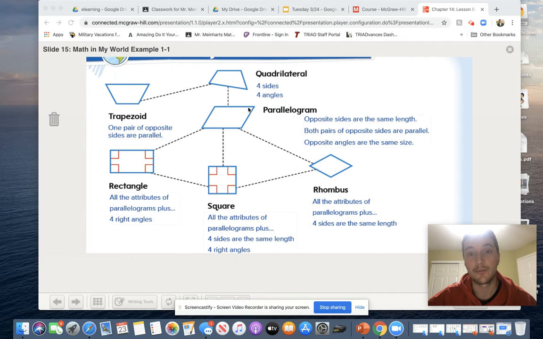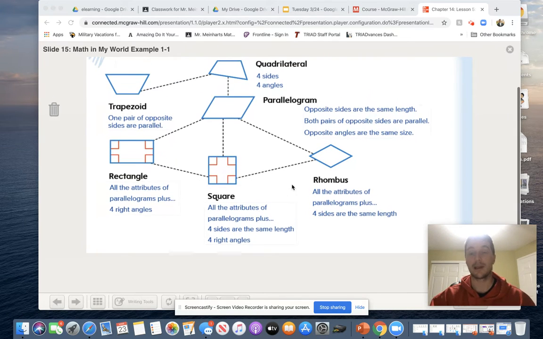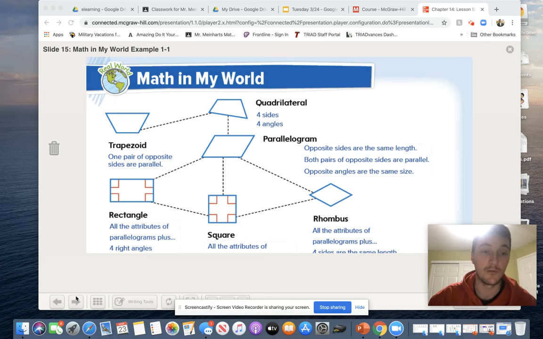Same over here. This one is less than a right angle and they're opposite. So you see how a parallelogram has opposite sides that are the same length, both pairs of opposite sides are parallel, and opposite angles are the same size. Then rectangle, square, and rhombus are all part of parallelograms. I'll let you read more about that in your book. We're going to move on.